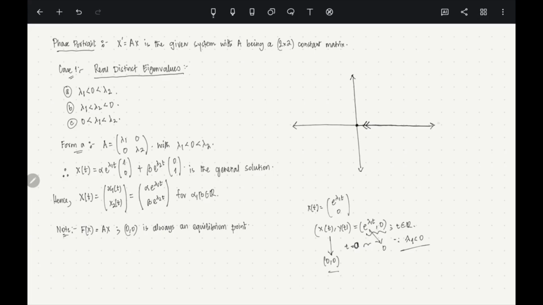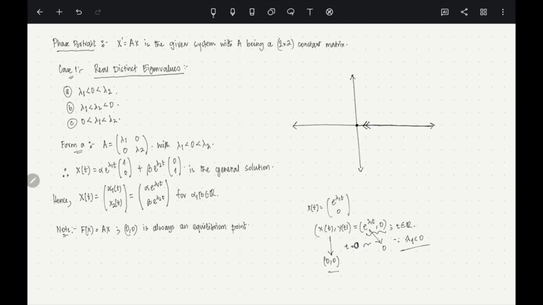So the trajectory is coming from here, and it is pushing towards (0, 0). You understand? That's the idea. So the first trajectory looks like this, and to be very frank, you really can't draw it properly because it is merging with the axis. The x-axis is a solution here.